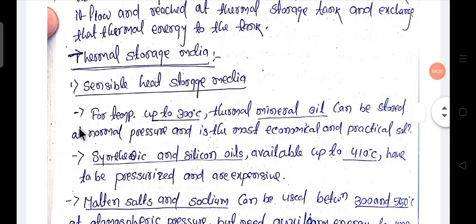First of all, sensible heat storage media. That means the material which is used to store the heat in the storage is called sensible heat storage media.